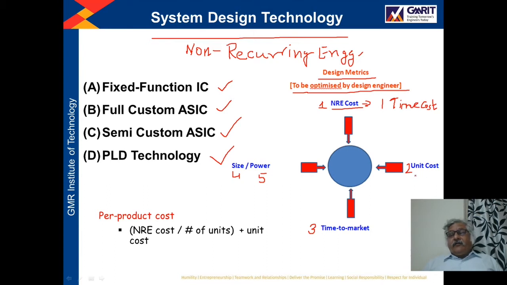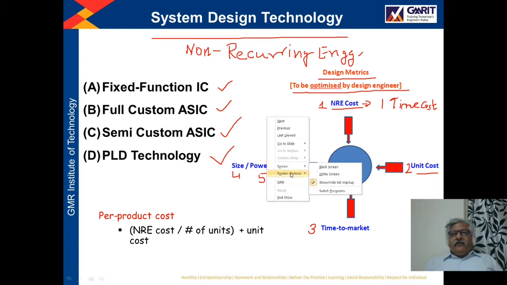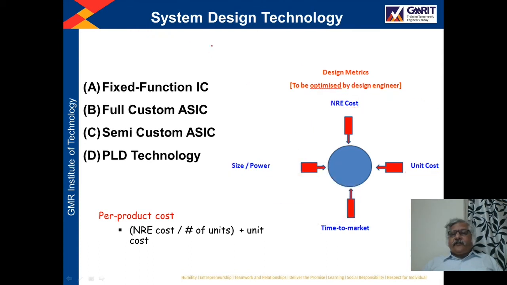now the second design metric is unit cost. So what is unit cost? Unit cost is the cost of the product excluding NRE cost. Now let us assume this is one unit.